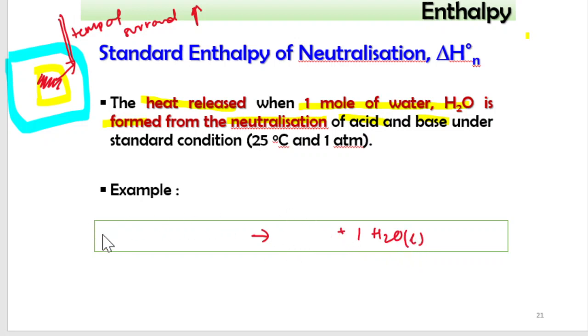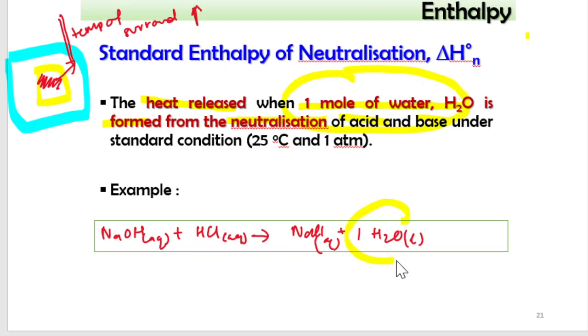And then for example you have 1 mole of NaOH plus HCl. You will get salt, NaCl in aqueous. When you want to balance the equation, the important thing is, which one is 1 mole here? Your water molecule.